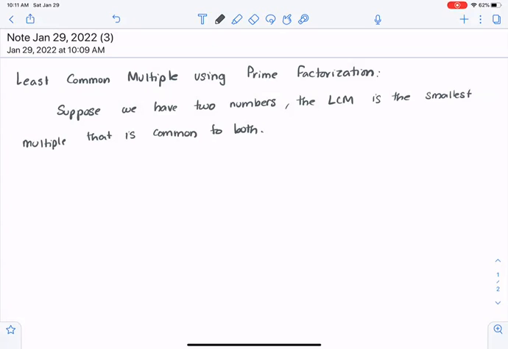How do we find this? Well, as always, first we come up with the prime factorizations.